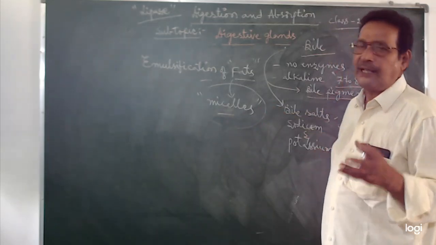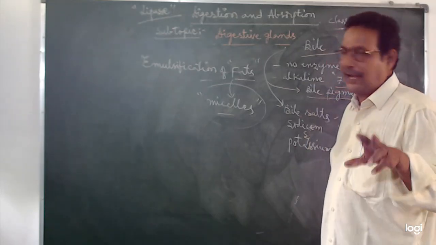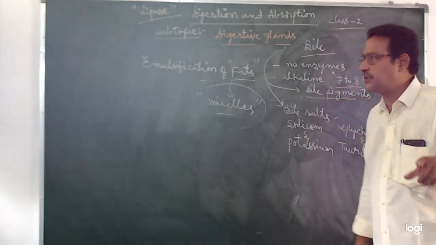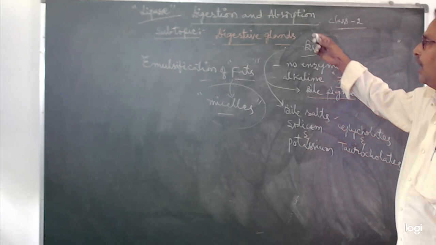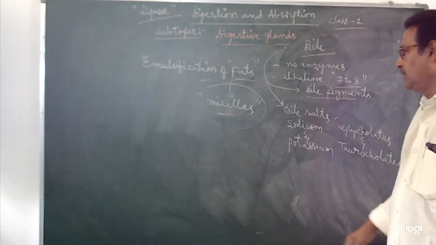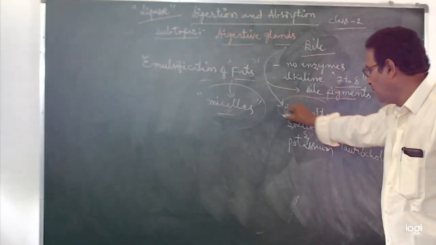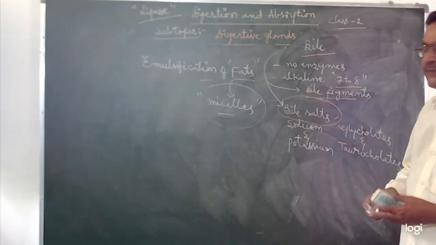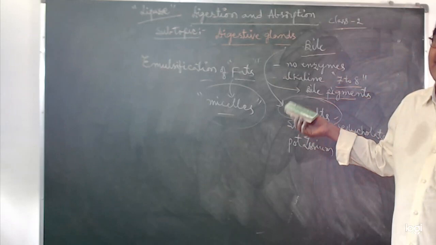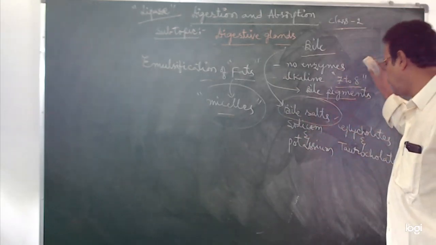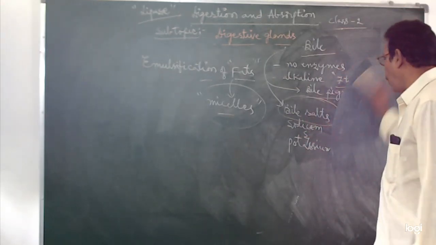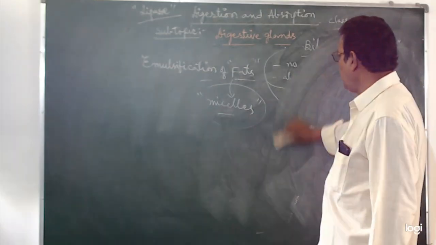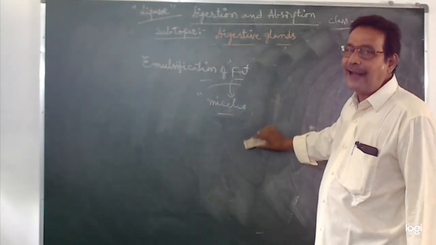Then only the lipase can act on fats. This is the significance of emulsification of fats, the role of bile salts. There are no specific enzymes in bile, though it can play a significant role in the process of digestion, particularly in fat digestion.